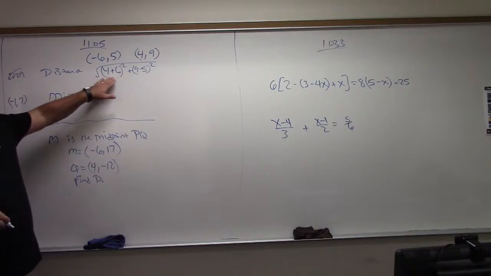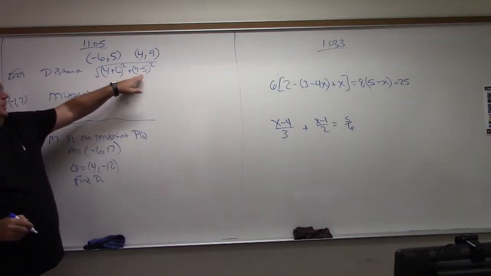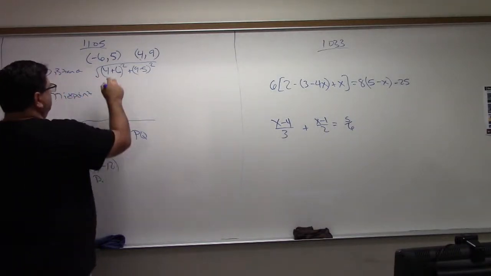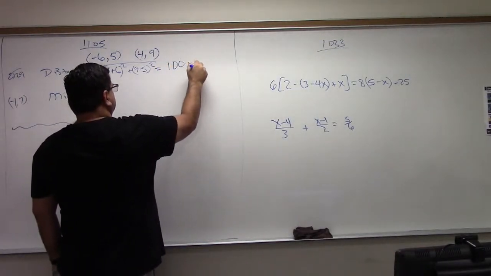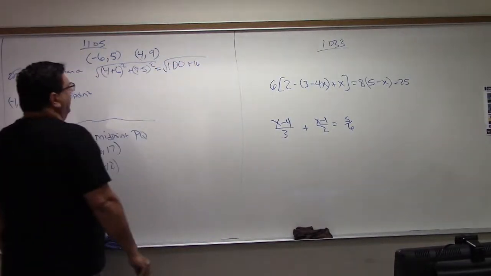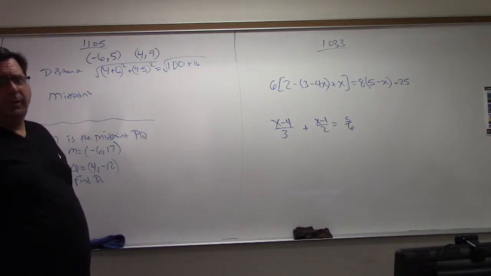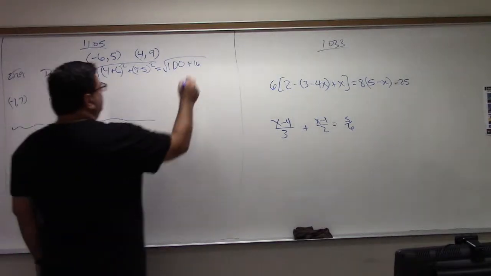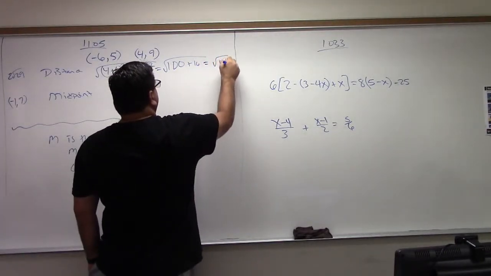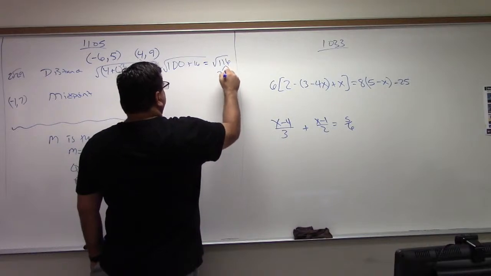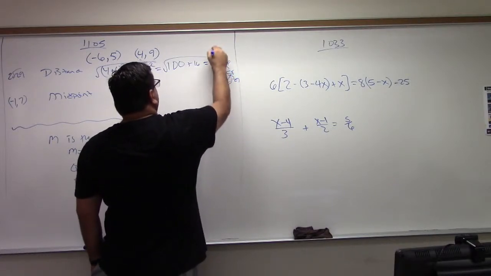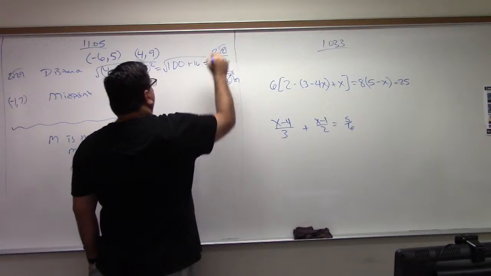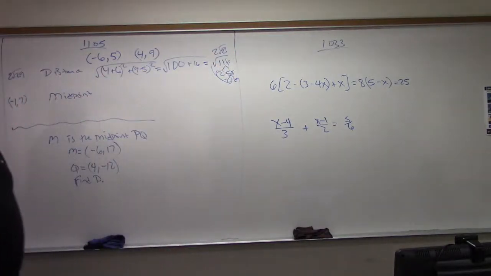So 4 plus 6 is 10, squared is 100. 9 minus 5 is 4, squared is 16. So this is the square root of 116. 2 times 58, 2 times 29. The 2's come out, we're looking at 2 square root of 29. That's a solid answer right there, DJ.